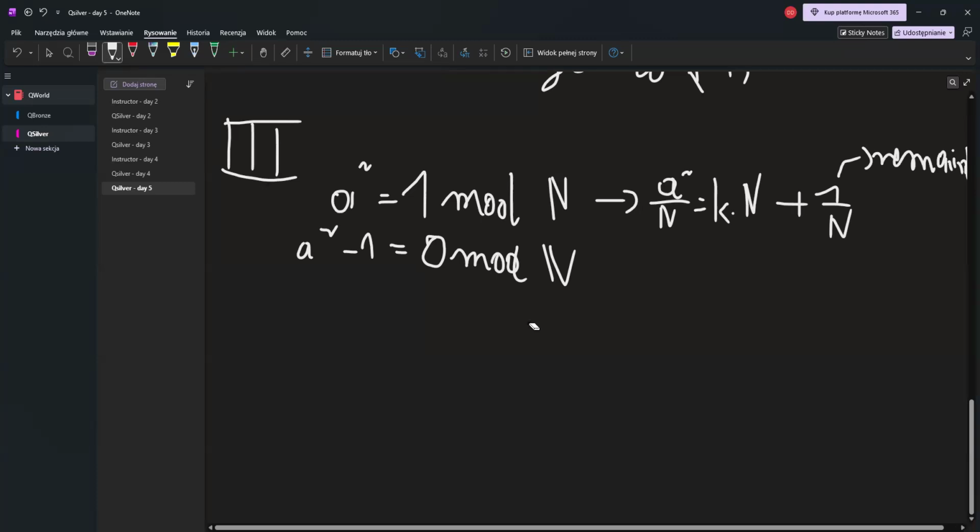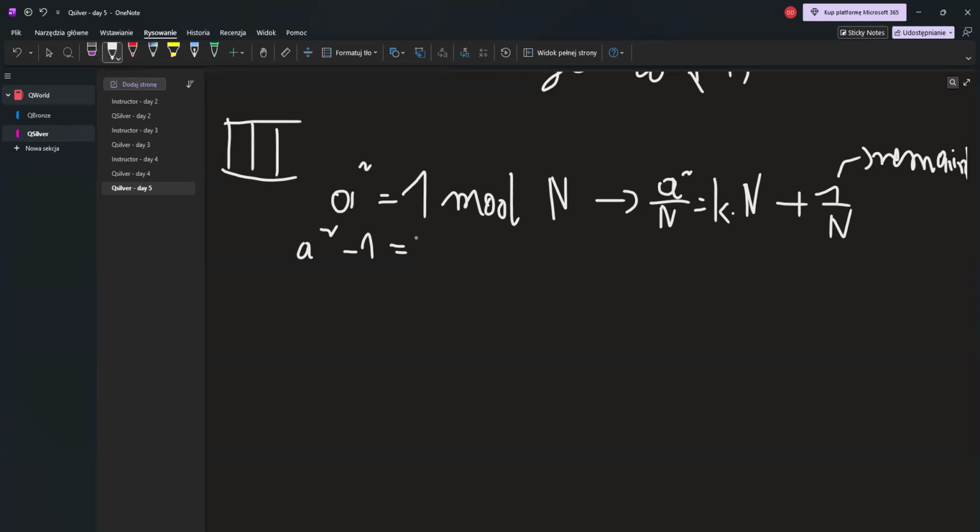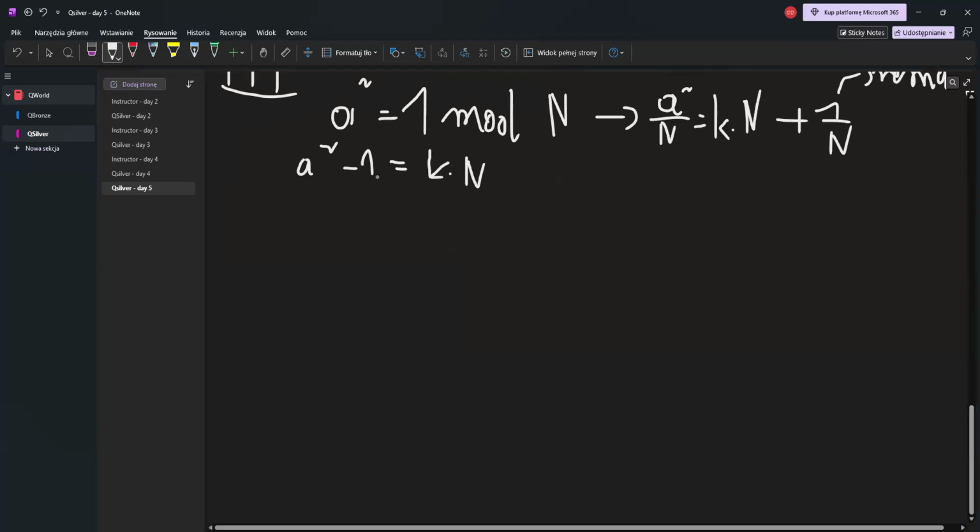So now I can make a shortcut and write k times N, because once we express the remainder operator in this way, we can extract k and plug it here, since we moved the remainder to the left.